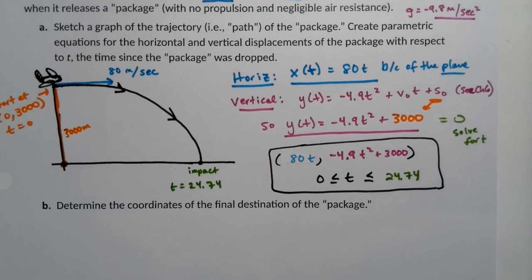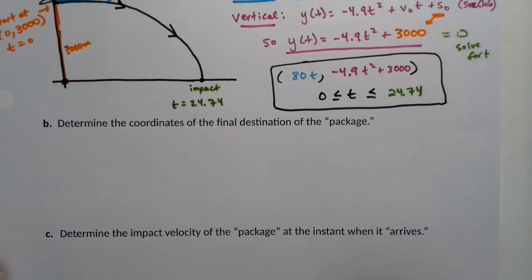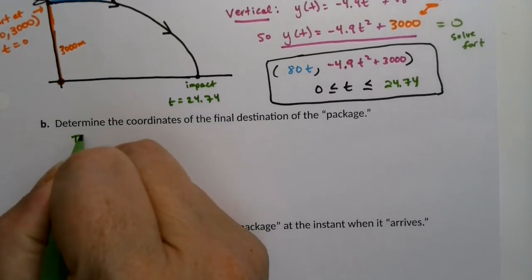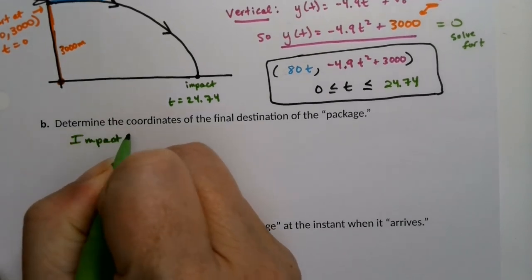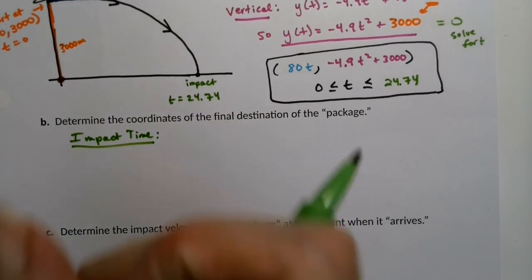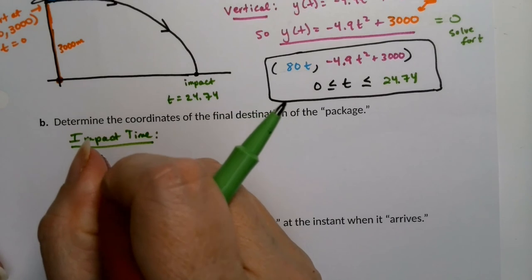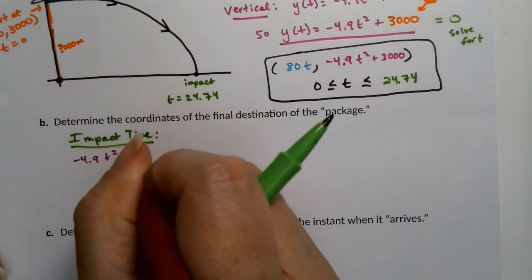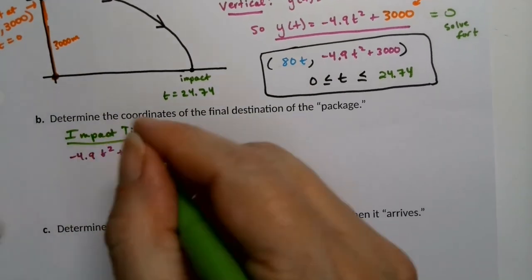All right, next I want to determine the coordinates of the final destination of the package. So that impact time, which we just did, but I'll do it again, would be negative 4.9 t squared plus 3,000 equals 0.